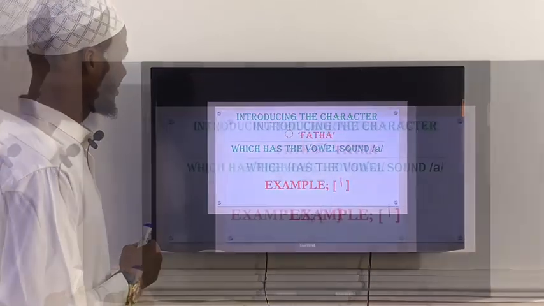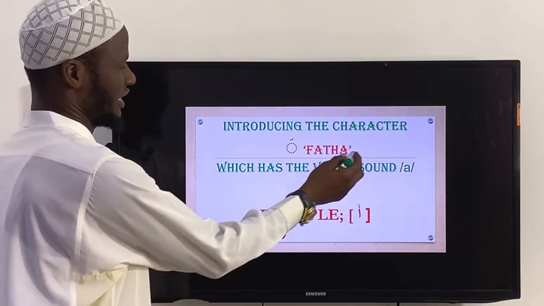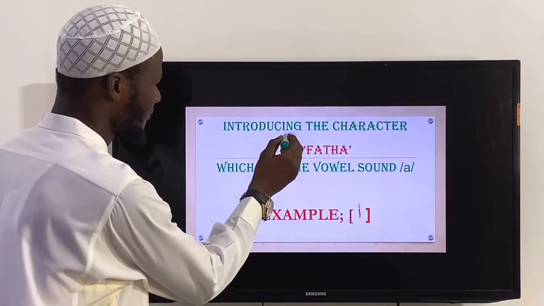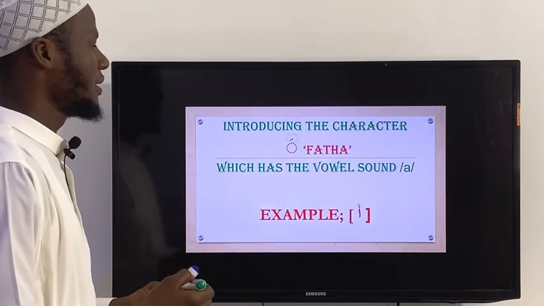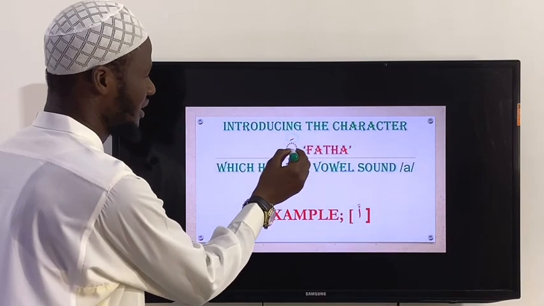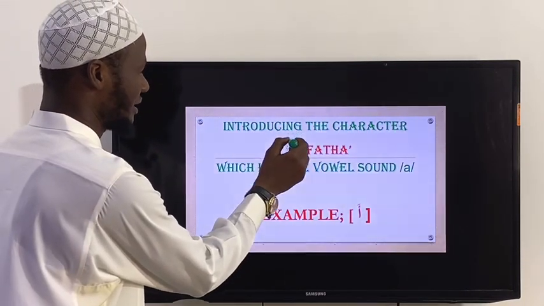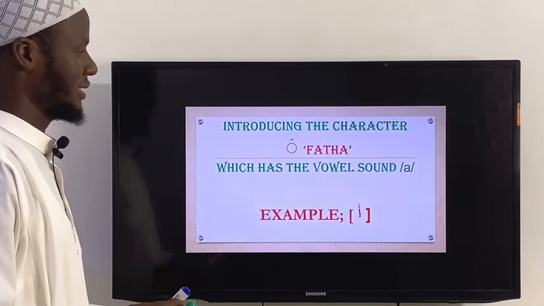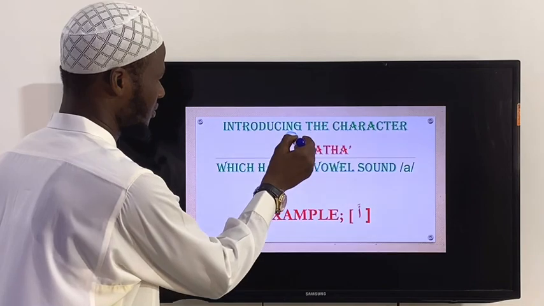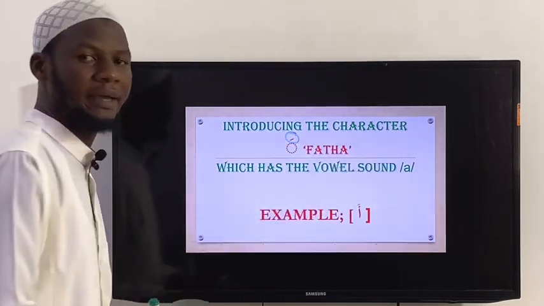Today's lesson is introducing the character fatha, which has this sign. Now take note, this one was made to represent a letter, but this is actually the character we are looking at, the one on top. It is called fatha.